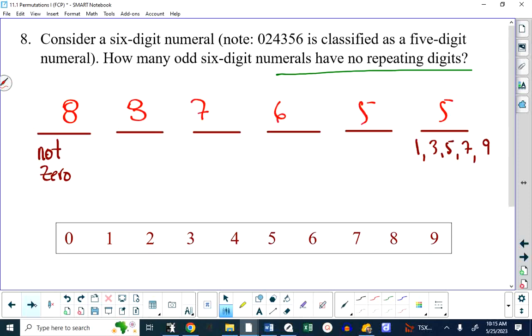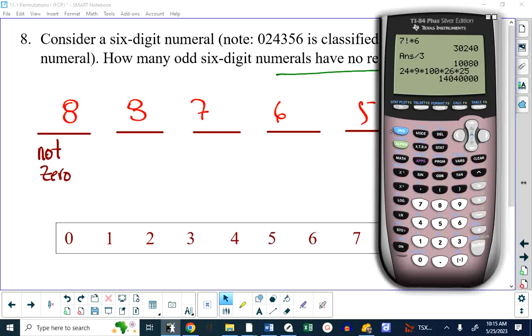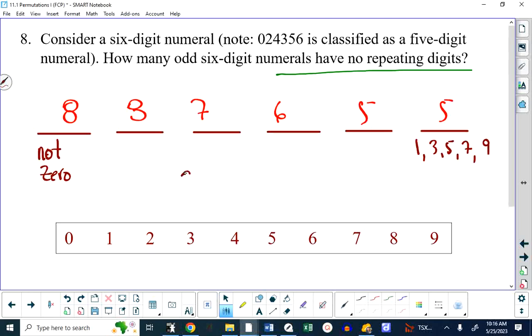It's not a simple question to wrap your head around. What do we have here? 64 times 42 times the 5, which is 25. 67,200.